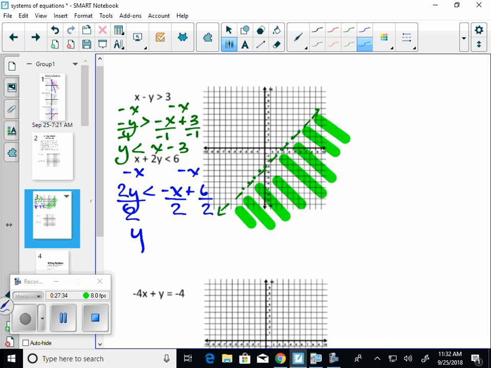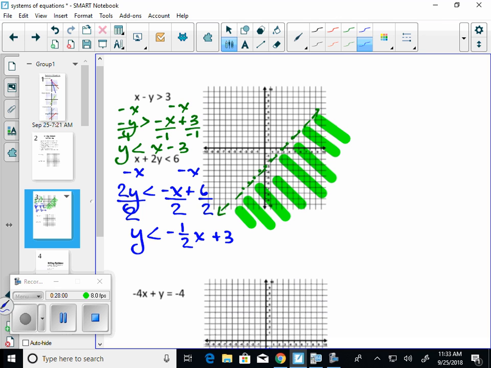You've got y is less than, what is in front of this x that I can't see? A 1. So this is actually a negative 1 over 2 x. There's my slope. Plus 3. Solid or broken line? Broken. Let's graph it. Where do I start?